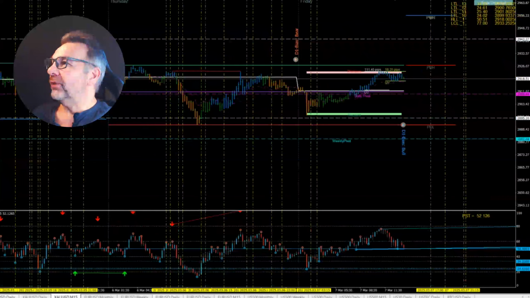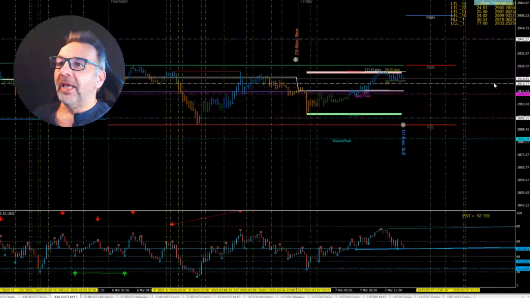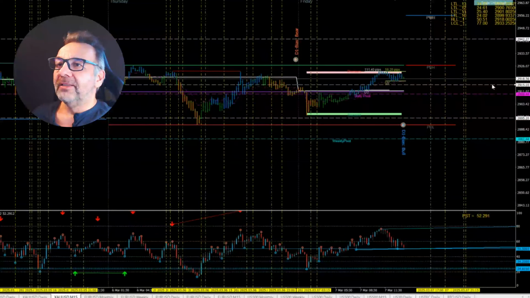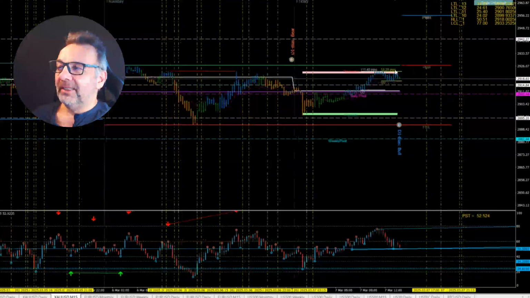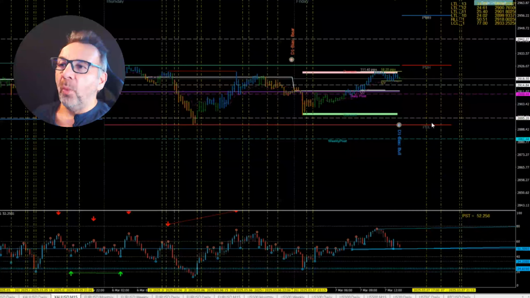So I've got 2,914 right here. And that's already breached. And look at where the market found support, right on the PST. So we've broken above the PST. Now if the market dips down, here stop sweeps, here stop sweeps, I want to be going up.